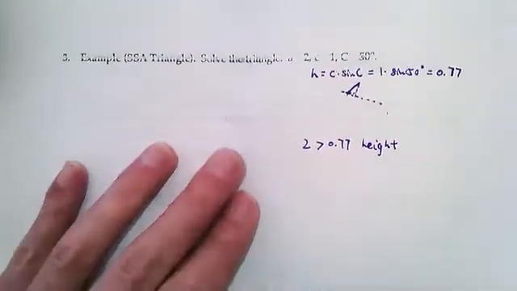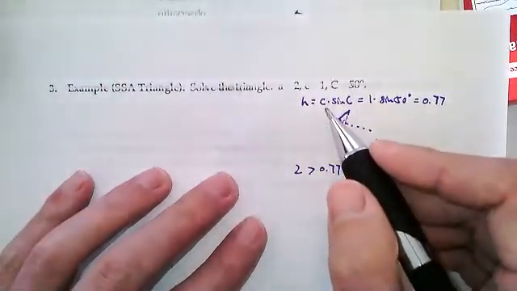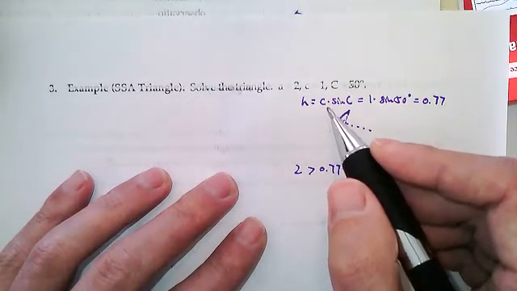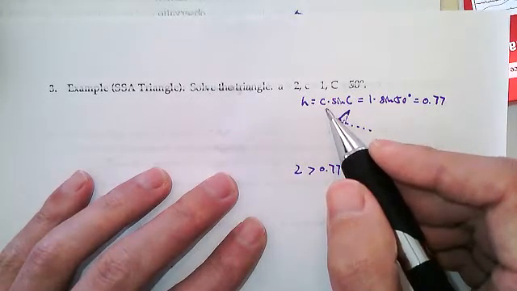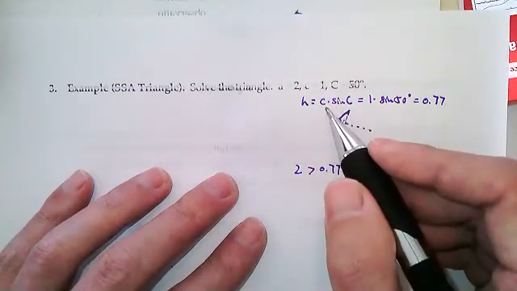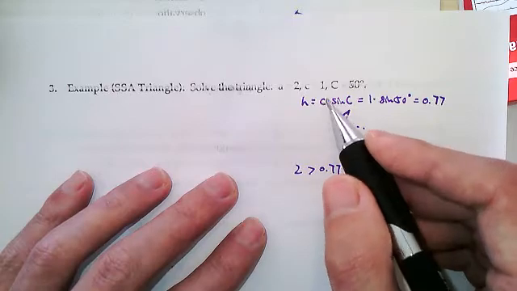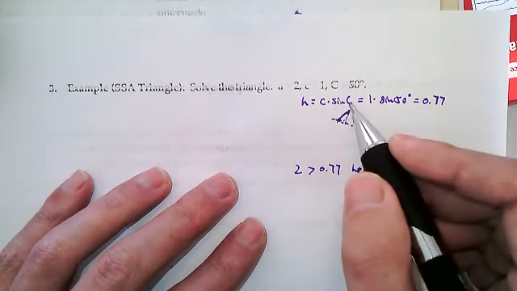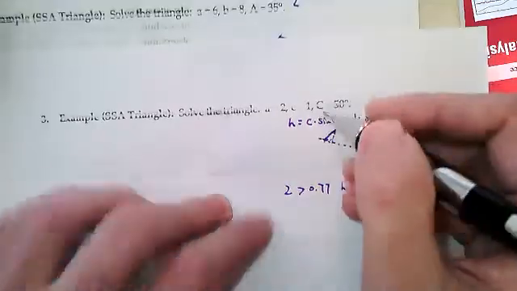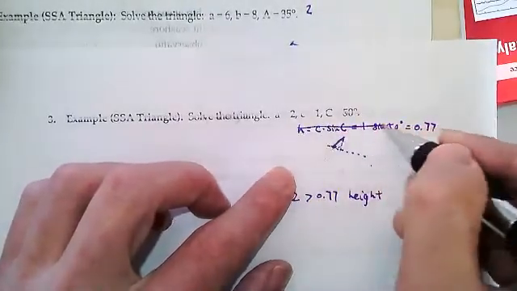Oh, I noticed my mistake. Do you guys notice my mistake? Isn't it supposed to be B times sine? Very good. So we do not have B here. So we should put A here. It should be A sine C. So forgive me for crossing this out.